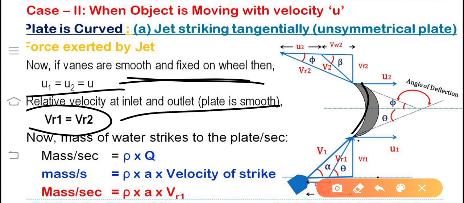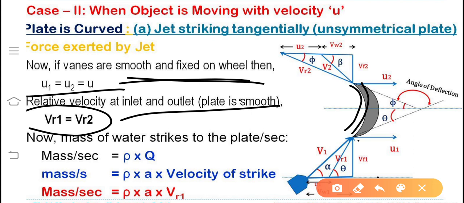Because of that, certain loss takes place during the flow of fluid when it is striking the blade and gliding over the vane. That is the meaning. So in order to take care of those, we have to assume, as in practical cases. When we are deriving the formula, if certain assumptions are not made, the formula will become more clumsy. That is the reason why we will always assume.